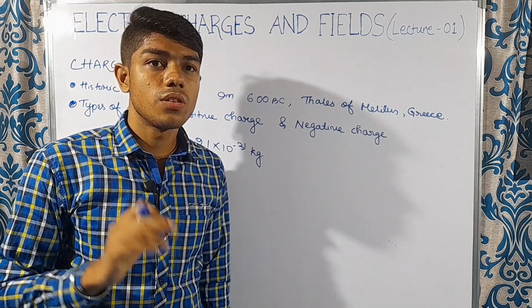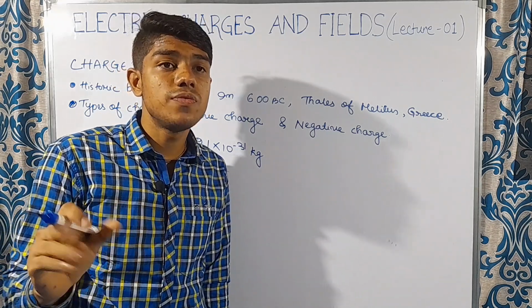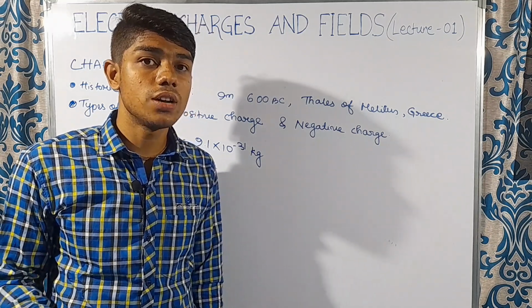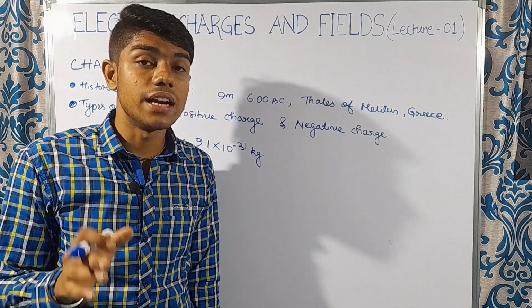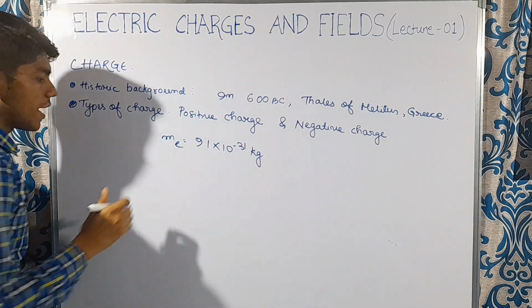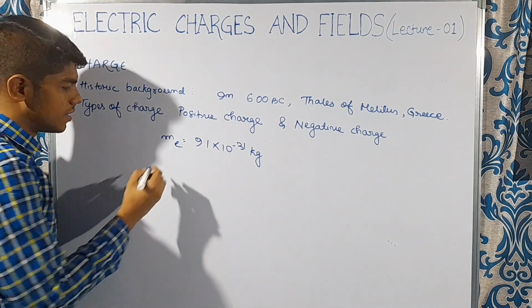That body which loses electrons, or which has become positively charged due to the transfer of electrons, or in other words, which has a deficiency of electrons, will have a less mass, or its mass will decrease slightly.